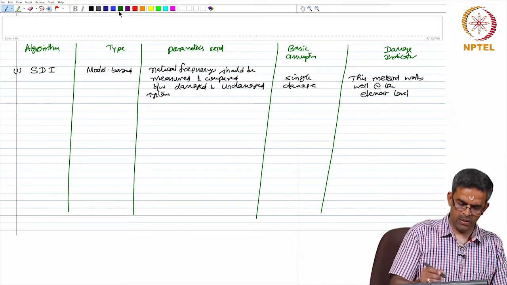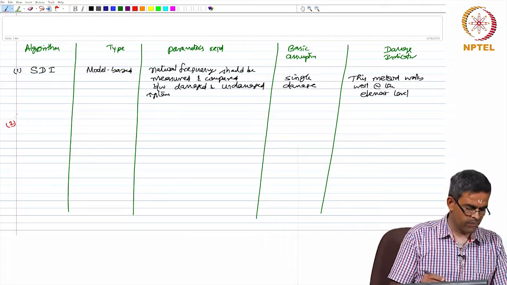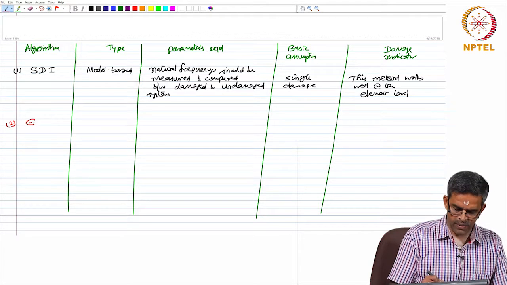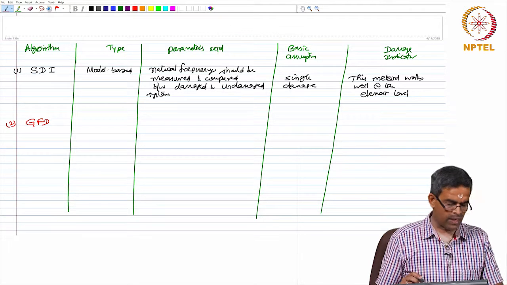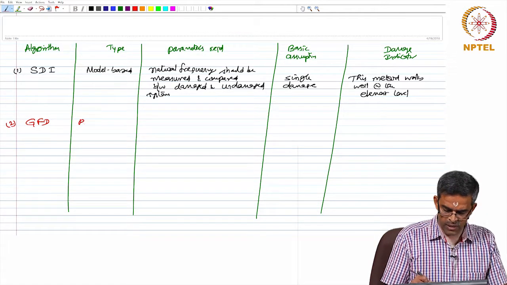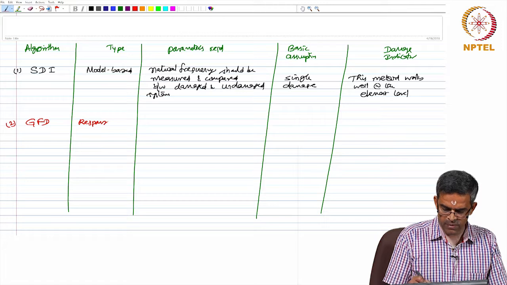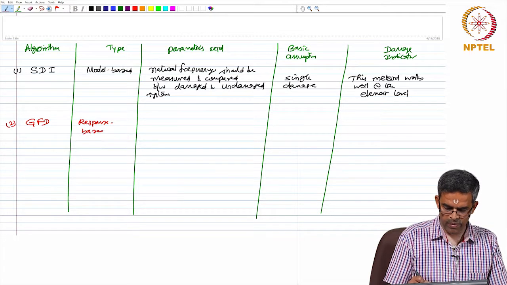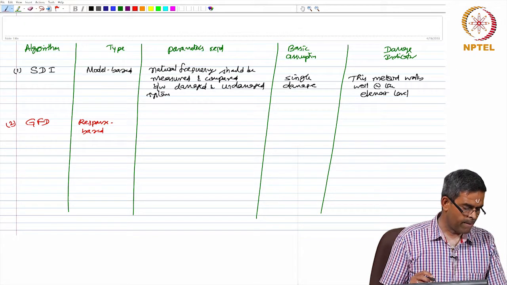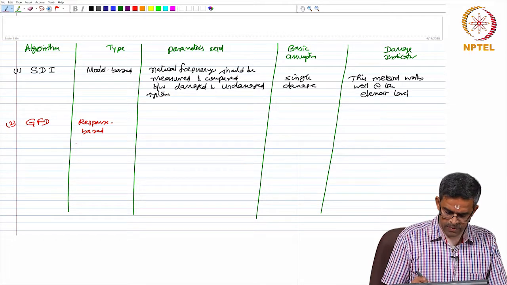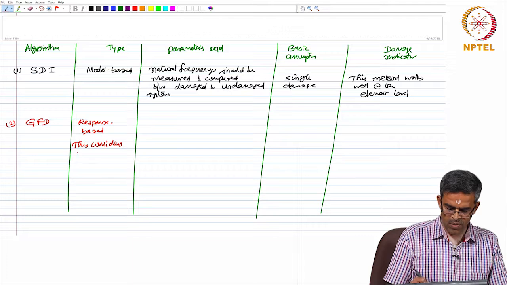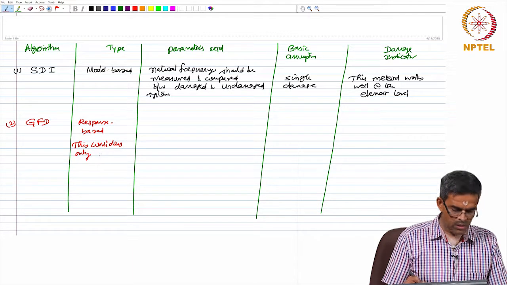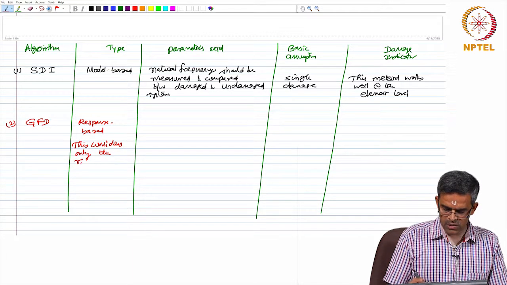Now, the second method which we have seen for comparison is GFD, the generalized fractal damage method, which is actually response based. This considers only the response of a damaged state.